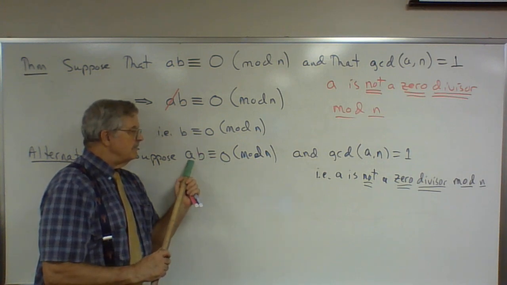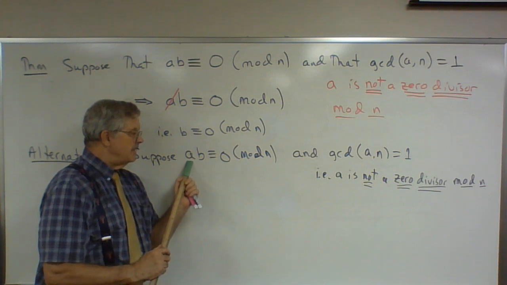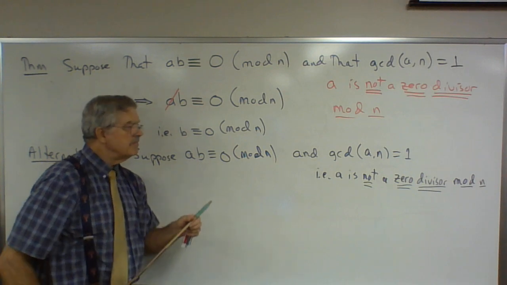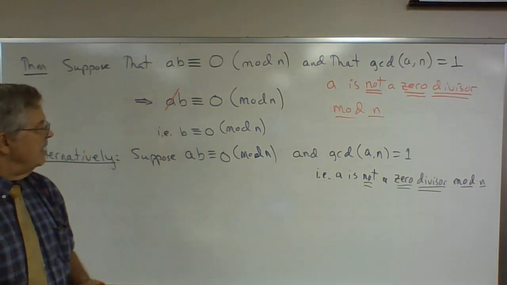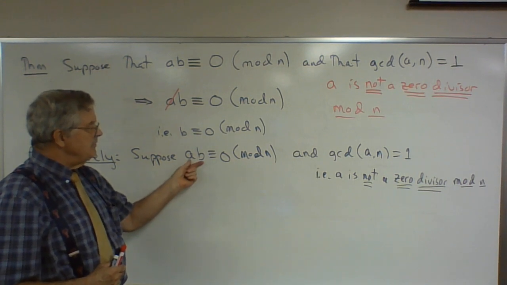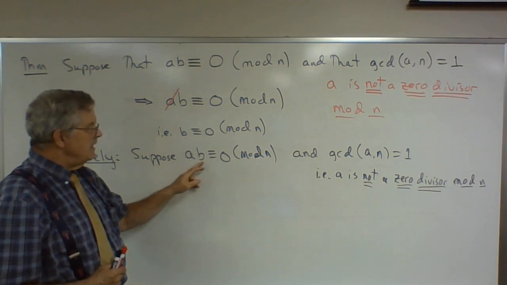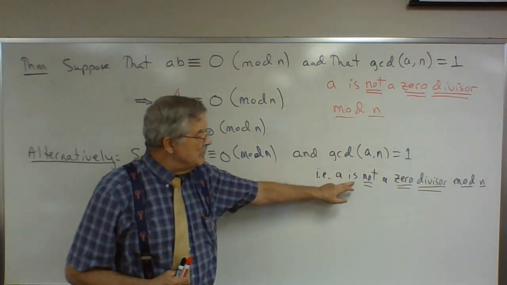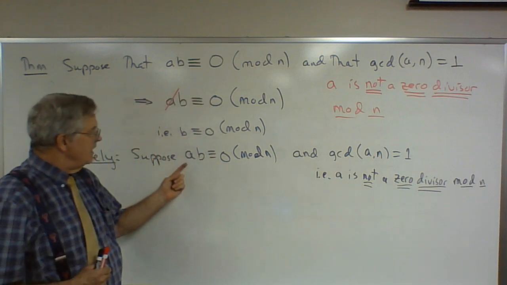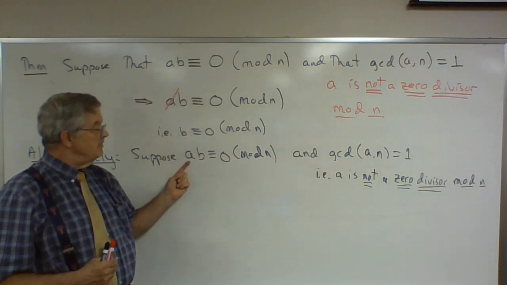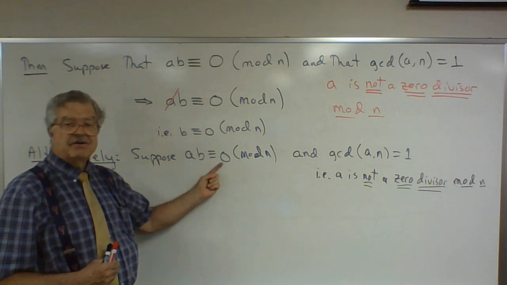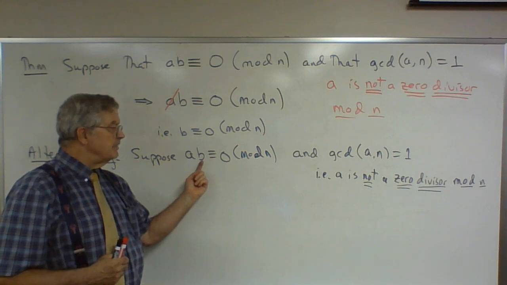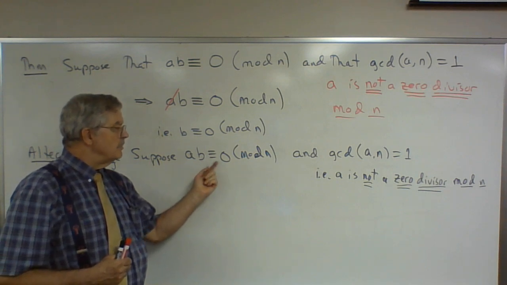The only thing that's going to give us 0, if this is not a 0 divisor, is if this is congruent to 0. So we can't say on the basis of this, we multiply them together, we get 0, they're both 0 divisors. No. We've already established that A is not a 0 divisor. And if A is not a 0 divisor, it won't be sufficient for the thing we multiply it by to get 0 to just be a 0 divisor. It's going to have to be congruent to 0 itself.